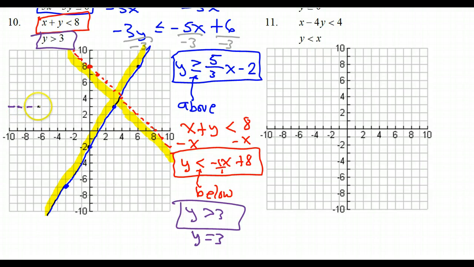This is the purple line. Because this is greater than, we will shade above the line. So I'm going to put a little bit of shading on this side, like this.